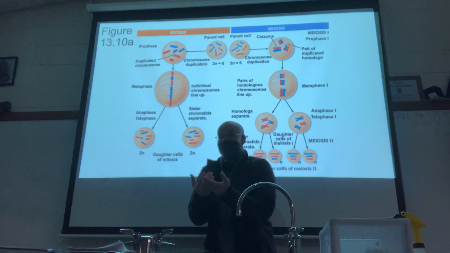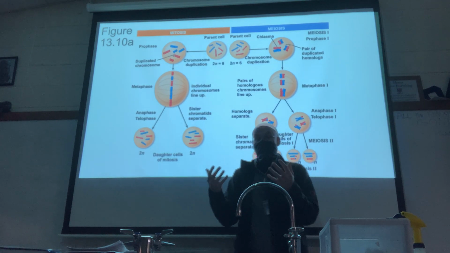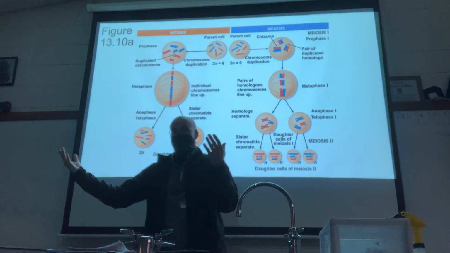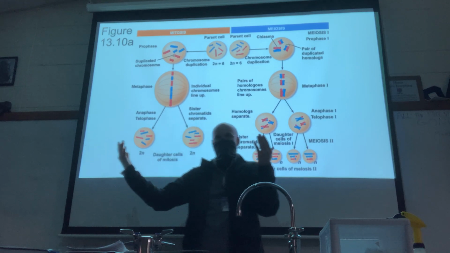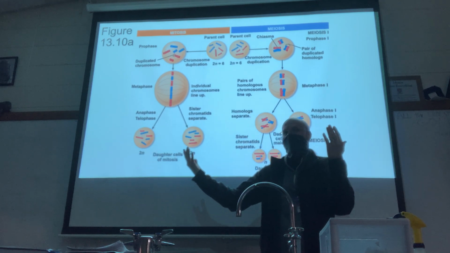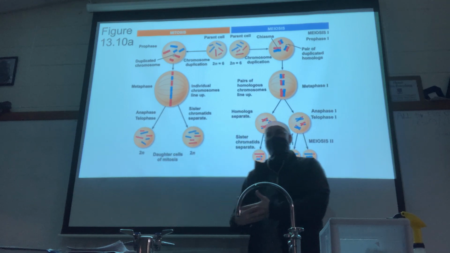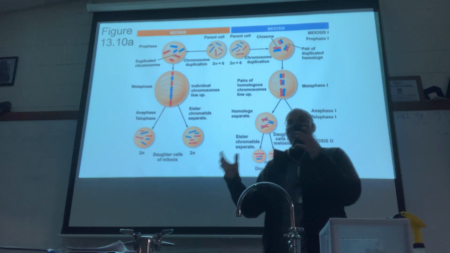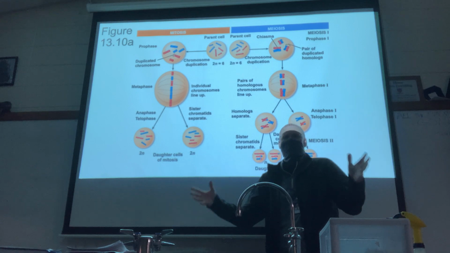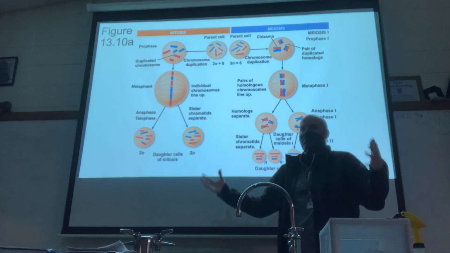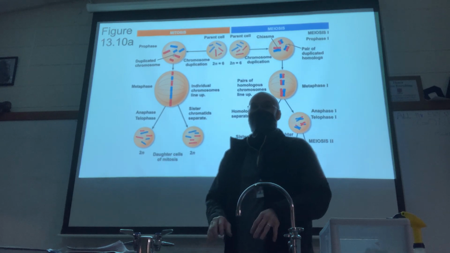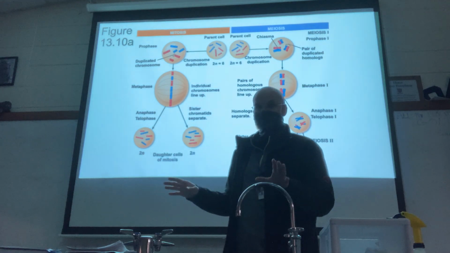You would have 92. And then that person would engage in sexual reproduction with another person, and that 92 would be added to however many they donated. It would take just a few generations, and every cell would have hundreds or thousands of chromosomes. And that's just too many chromosomes for a cell to function properly.